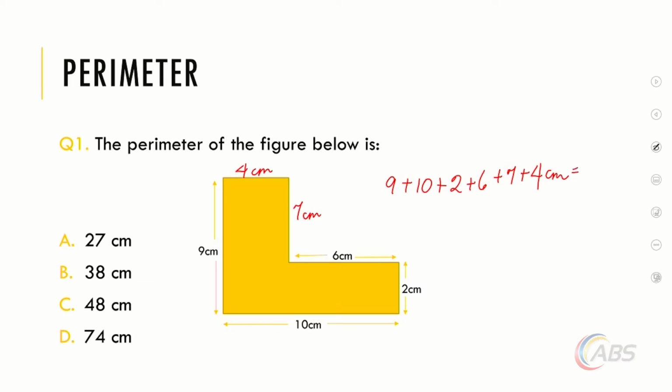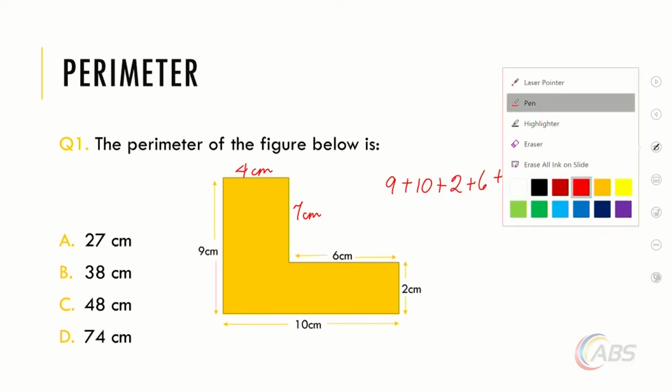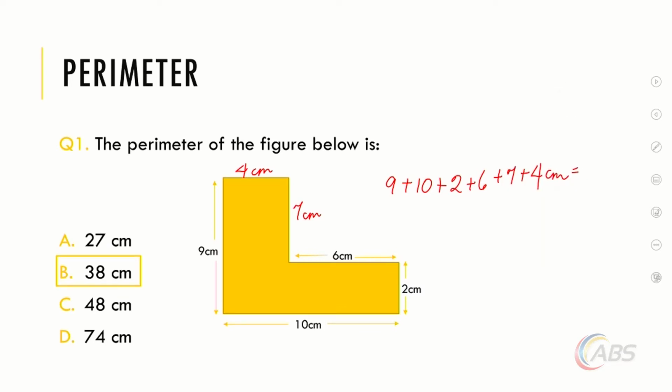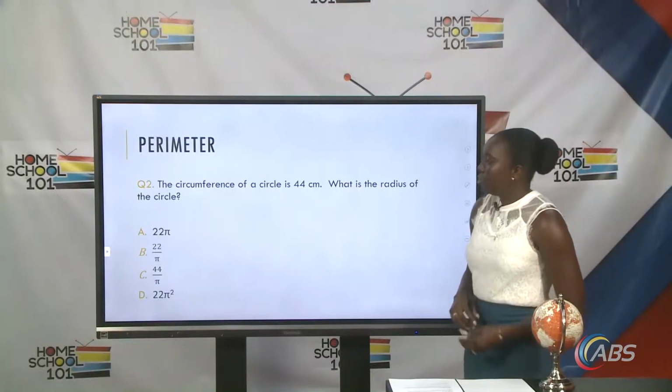And when we add those, we are going to get 9 plus 10 is 19, 19 and 2, 21, 21 and 6, 27, 27 and 7, 34, 34 and 4, 38. Okay, so our answer there is B. That was simple.